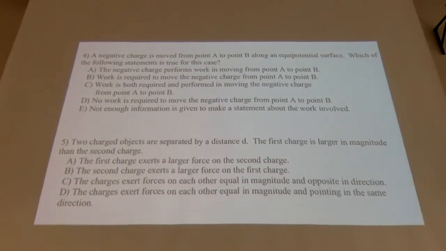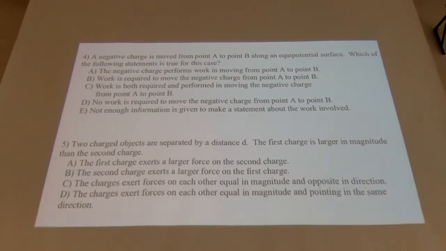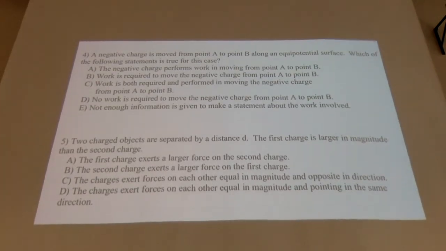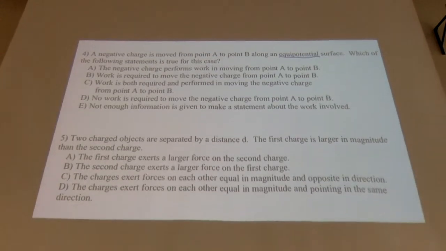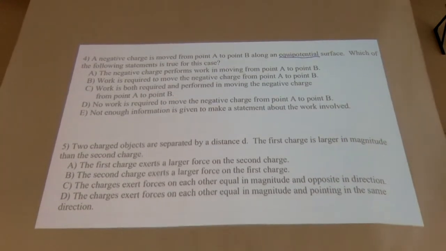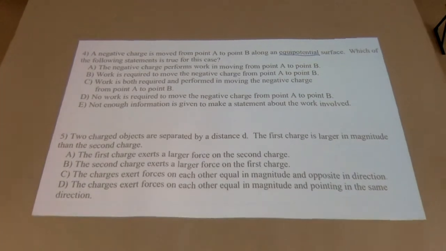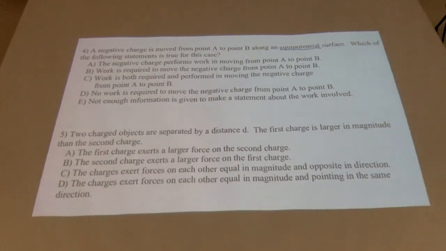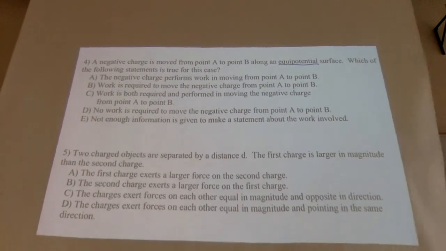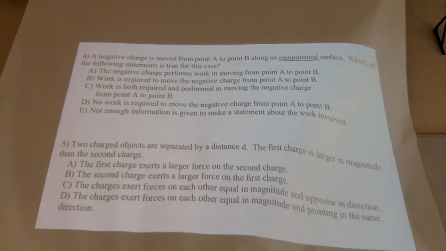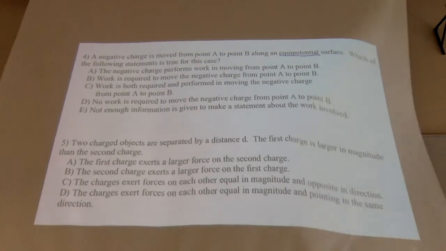Number 4, a negative charge is moved from point A to point B along an equipotential, meaning as it goes from point A to point B, its potential doesn't change. This is the same idea if I'm talking about gravity as if I take an object and keep it at the exact same height and just move it over. I haven't moved it up or down.